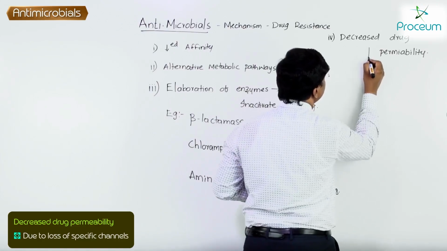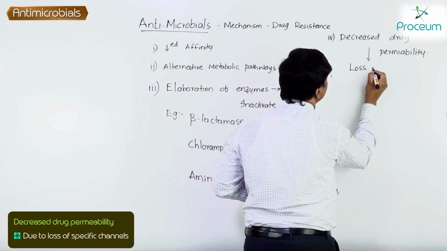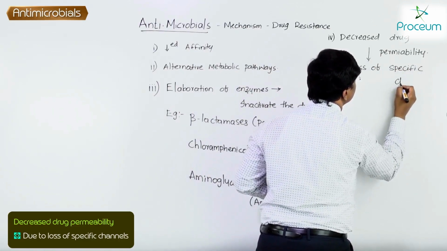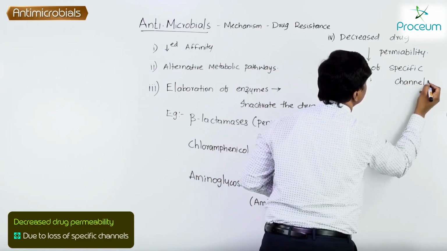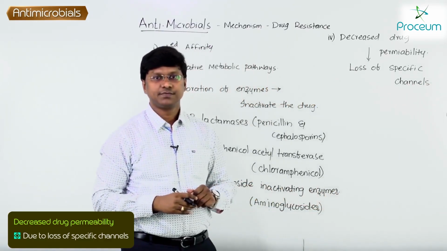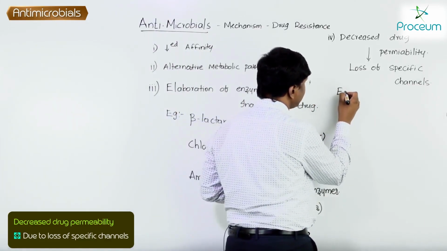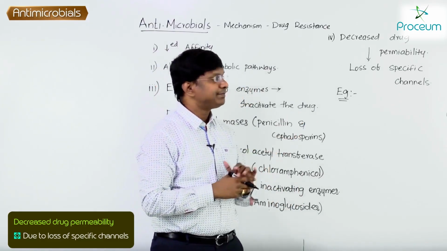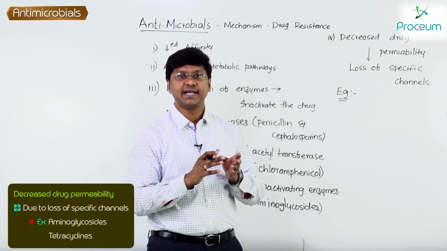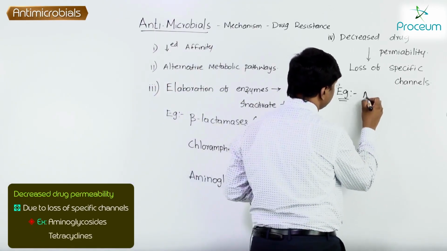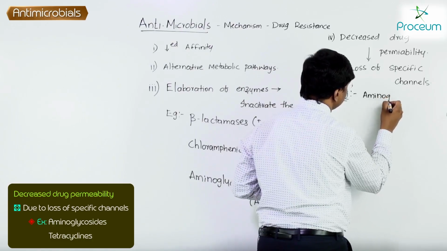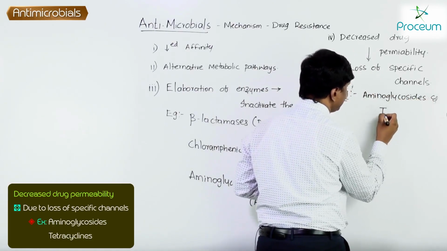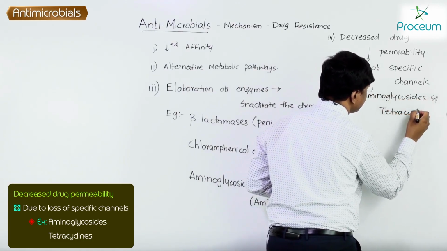So decreased drug permeability is due to loss of specific channels, right? Now, what are the examples of this? The examples are the aminoglycosides and tetracyclines.